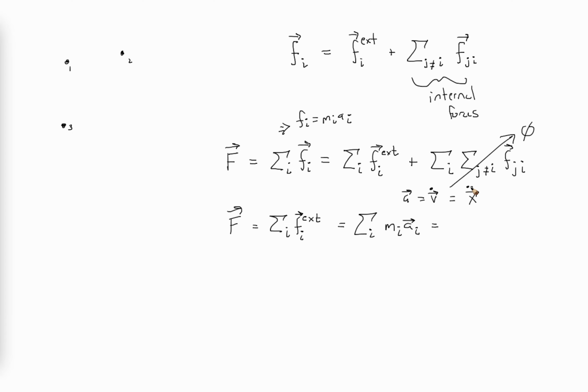This is just the second derivative of position with respect to time. You see how your position is changing per second, and then how your change of position per second is changing per second, and that's what the acceleration is. So we can rewrite this as the sum of m_i x double dot.